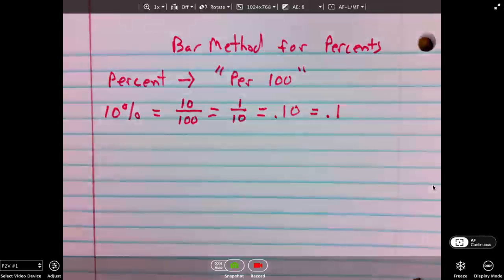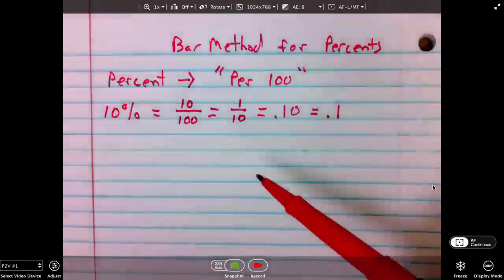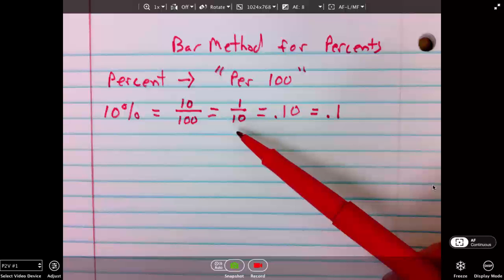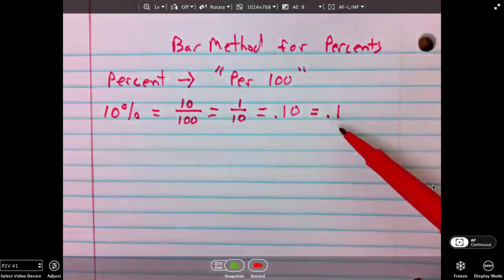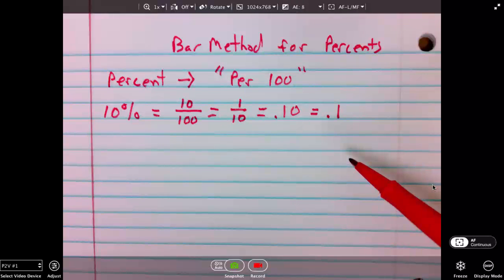Now, to find 10% of a number, well, that's very easy. We can accomplish it multiple ways. We can multiply it by 1/10. We can multiply it by 0.1. We can divide by 10. All these lead us to one shortcut.